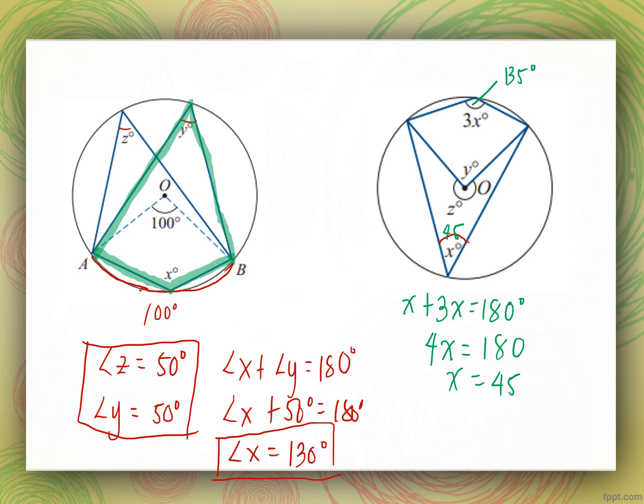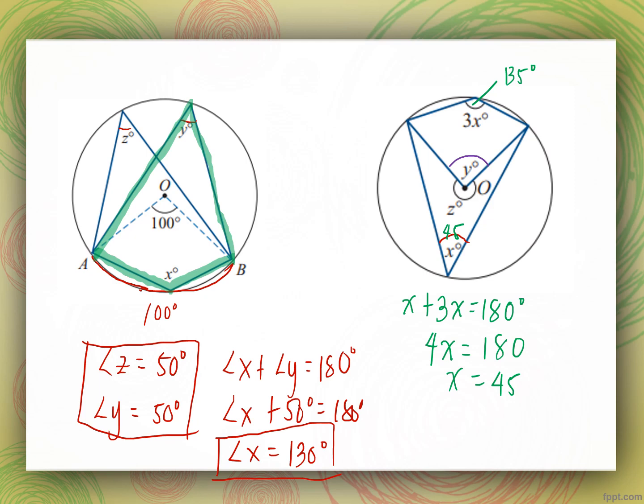Now how can we solve for y and for z? As you can see here, angle y is a central angle and it intercepted the same arc as angle x. Angle y and angle x intercepted the same arc, but angle y is a central angle and angle x is an inscribed angle.